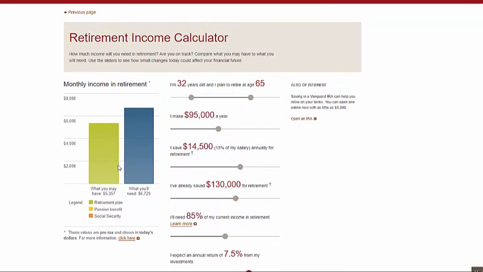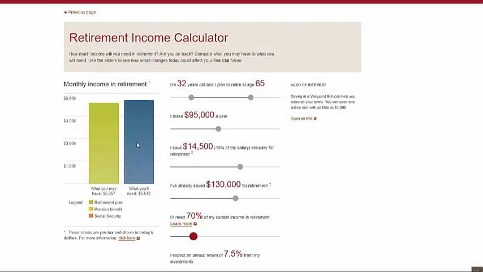But as you see, it shows what you have based on your current savings rate, and then it's calculating what you need based on this 85%. So if you can spend a little bit less, say you're going to retire and you say, you know what, I think I can live on 70% of my income, well, then you see that we're pretty much on track with our savings goal to hit what we need for retirement.